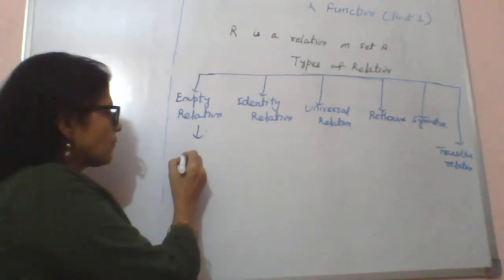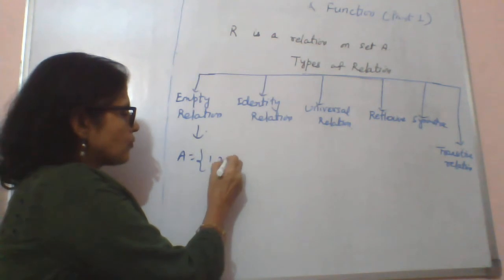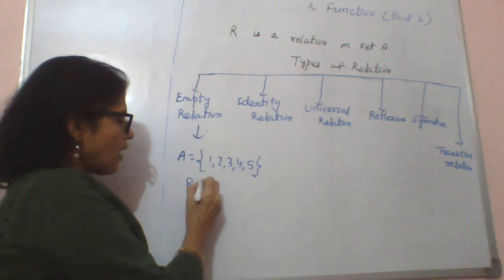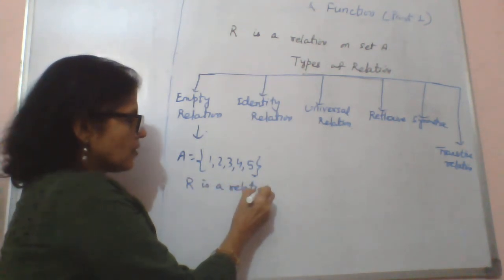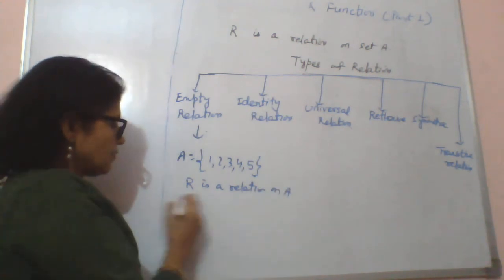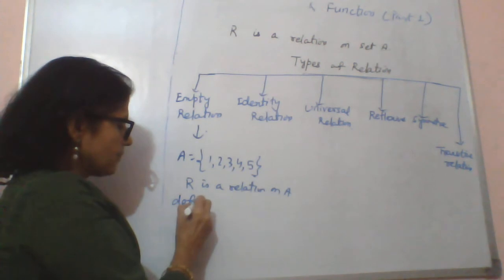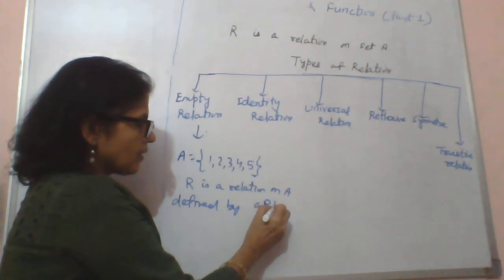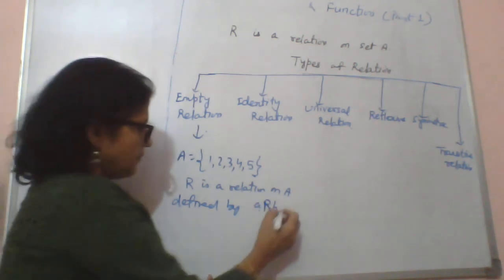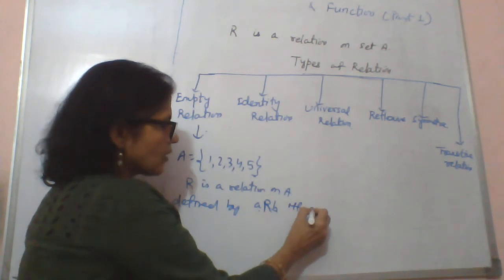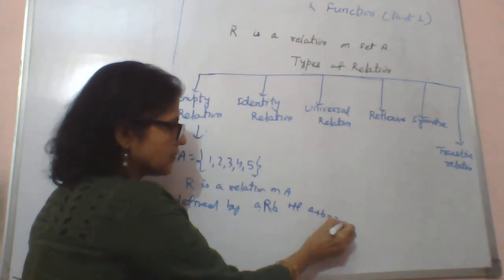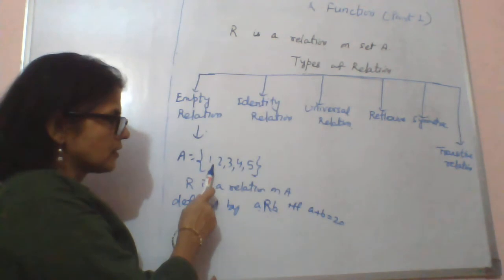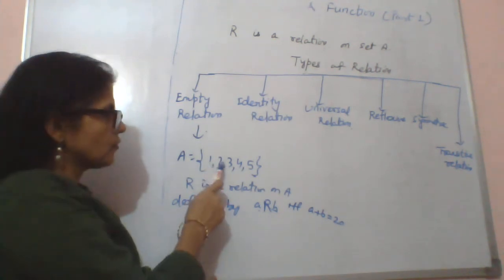For example, if I write A = {1, 2, 3, 4, 5}, and R is a relation on A defined by a R b, two elements a, b are related if and only if a + b = 20. You will not get any such sum from 1, 2, 3, 4, 5.